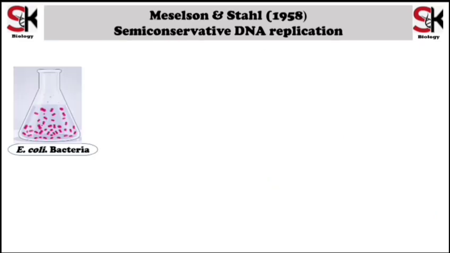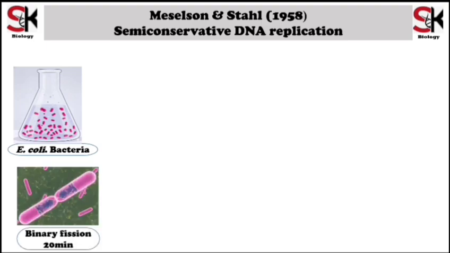The second thing these scientists used for their experiment is the E. coli bacterium. These bacteria reproduce by binary fission, in which before cell division the DNA is duplicated and then one cell divides into two. For E. coli, this total division process requires 20 minutes.